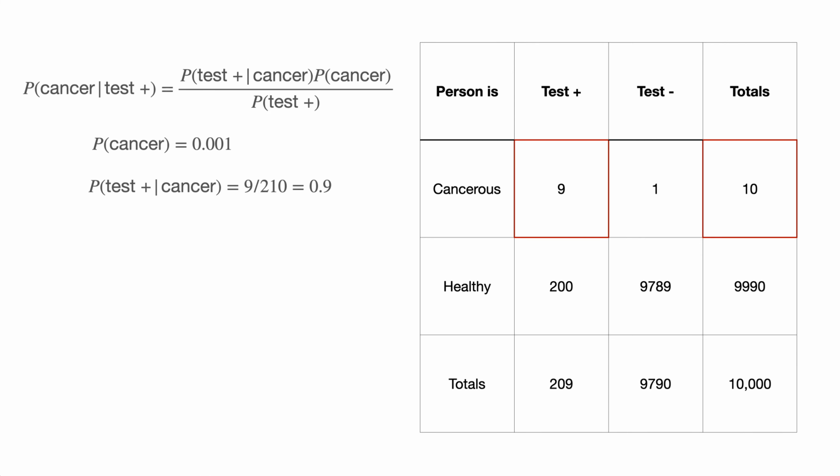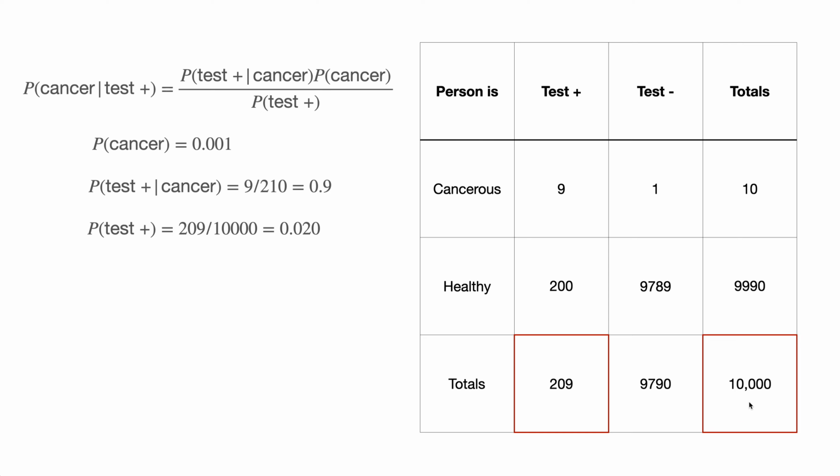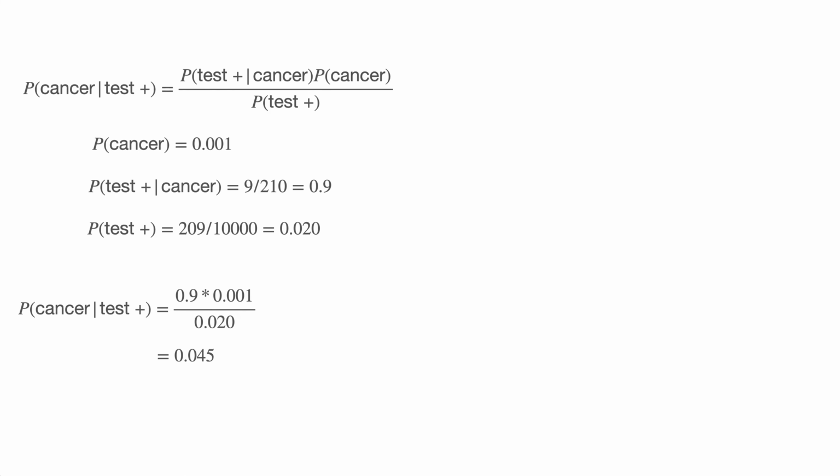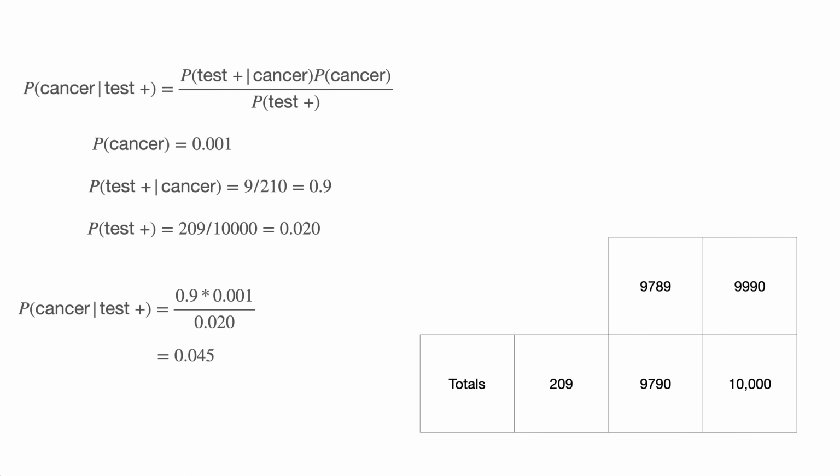This is the sensitivity of the test. The probability of the test being positive at all is just the sum of this entire positive test column, 209 total positive testers, out of the 10,000 total. So that is 0.02. All right, so we can plug those numbers in.